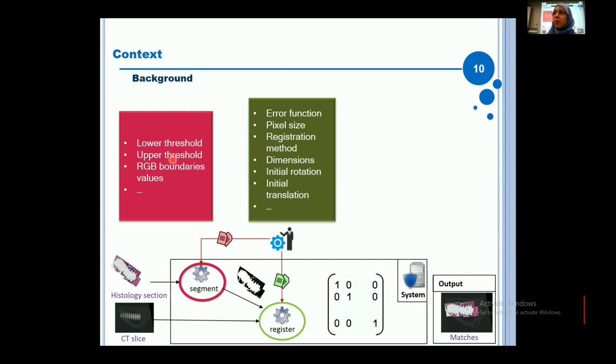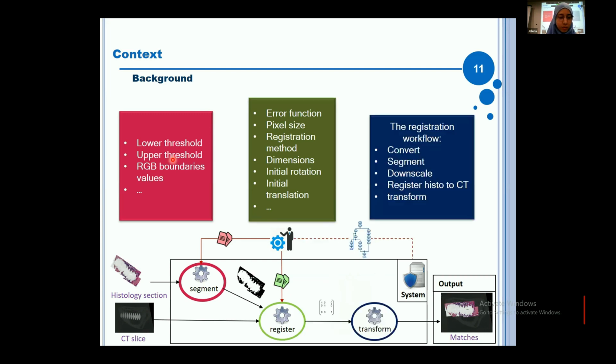In this step, the user also has to provide relevant information, such as the parameters of the registration. The third step is the transformation. In this step as well, the user has to decide the workflow of the registration. In this example, our workflow is segmentation, then registration, then transformation.